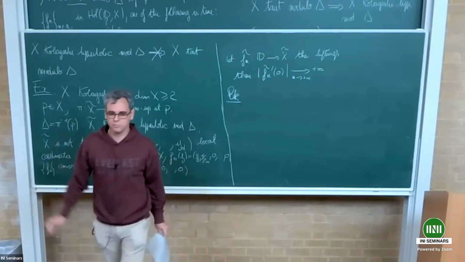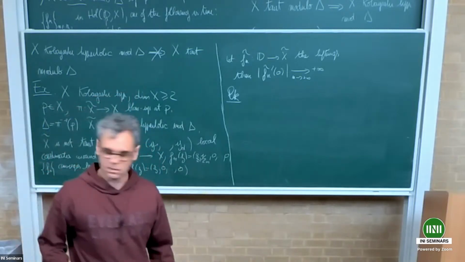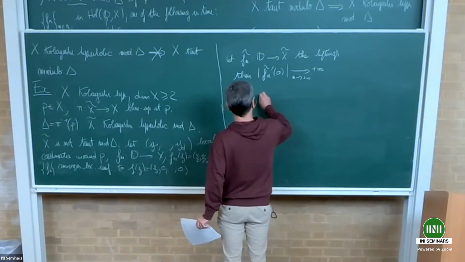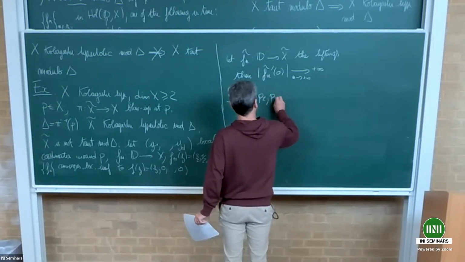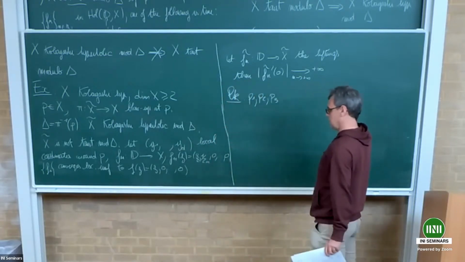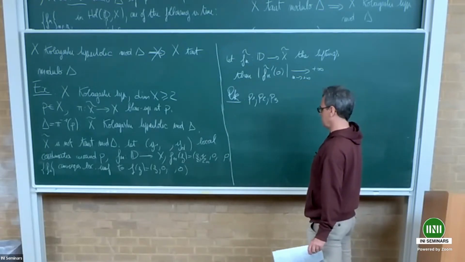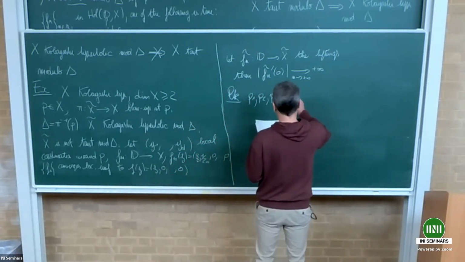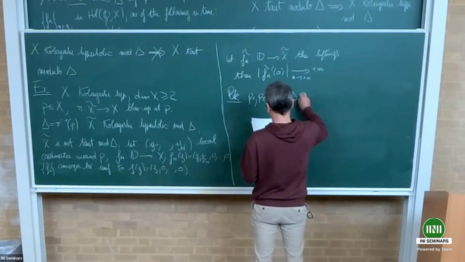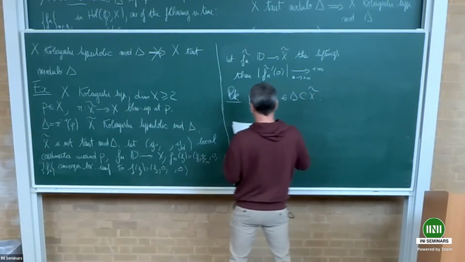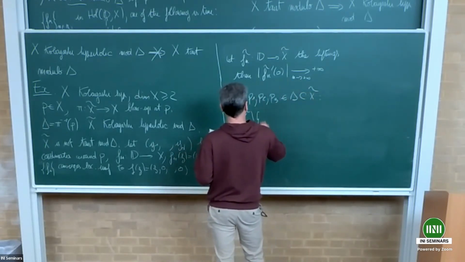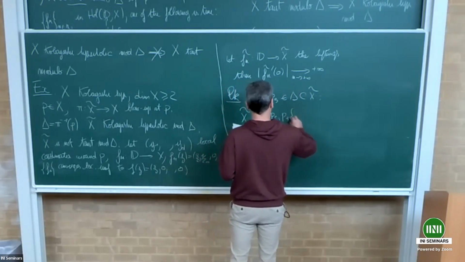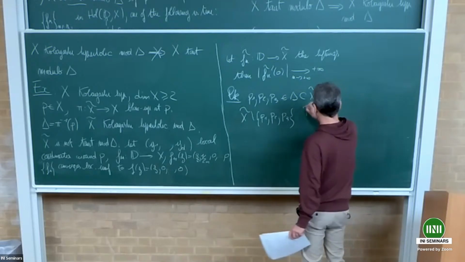Exactly the same proof, in fact, gives you what you said: if you consider 3 points over the exceptional divisor, which I've denoted delta, and you remove them, then this is Brody hyperbolic.